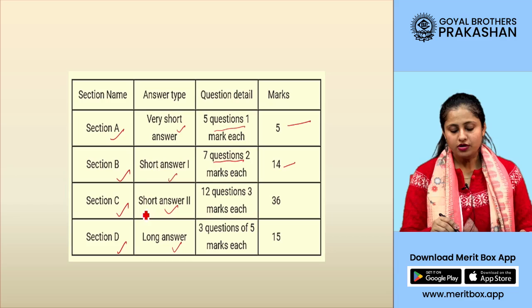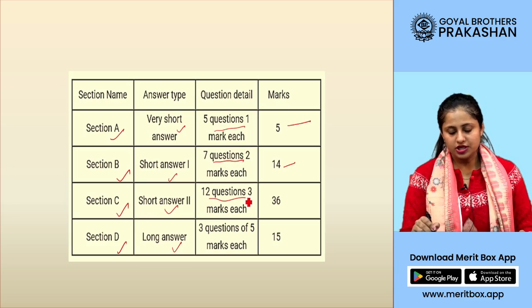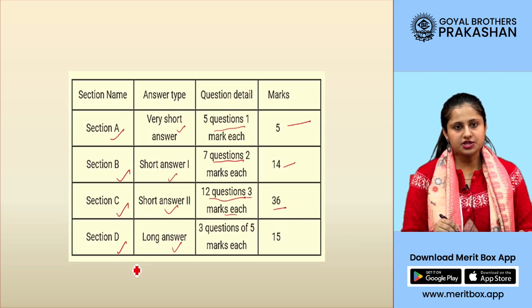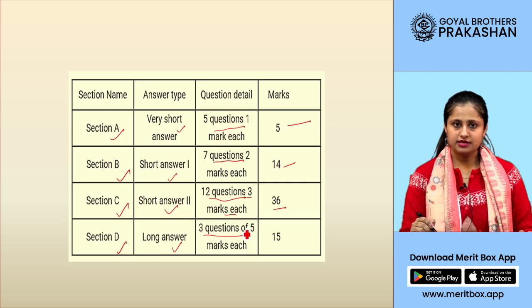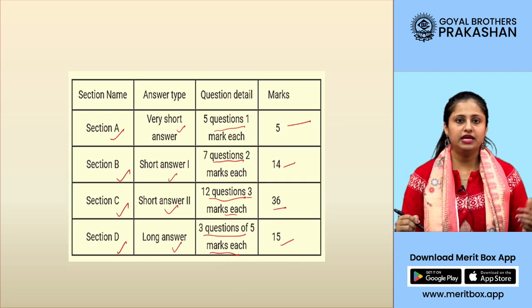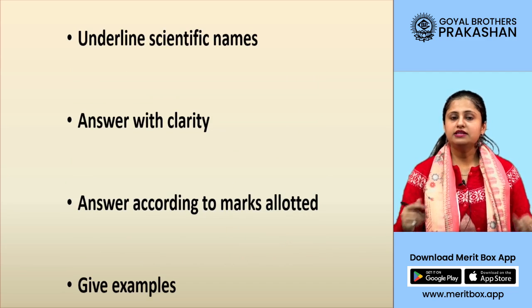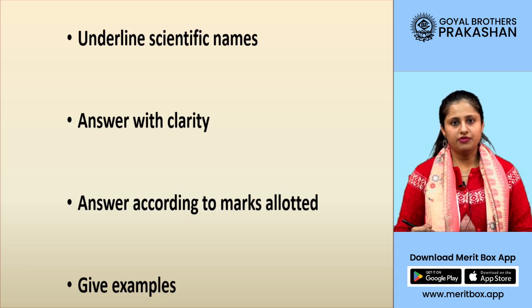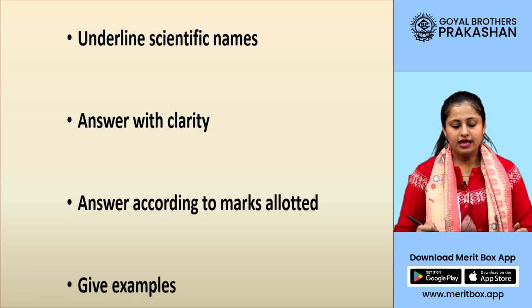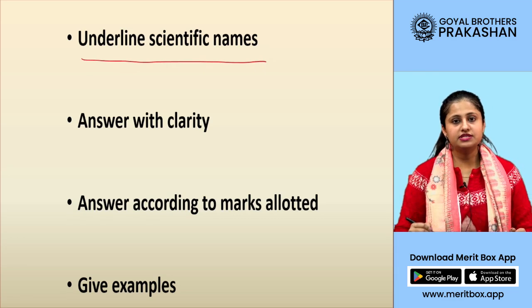Likewise, for section C, 12 questions with 3 marks each, a total of 36 marks. For section D, 3 questions of 5 marks each, which is 15 marks. Now, there are some other tips which you should try to remember. Like, you should underline the scientific names.